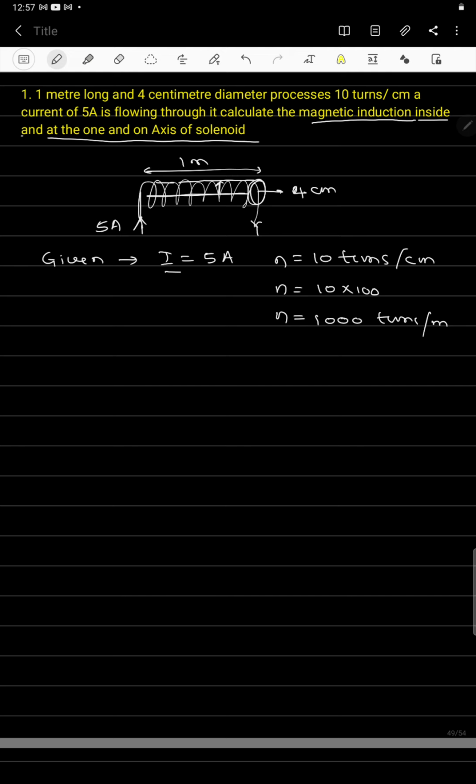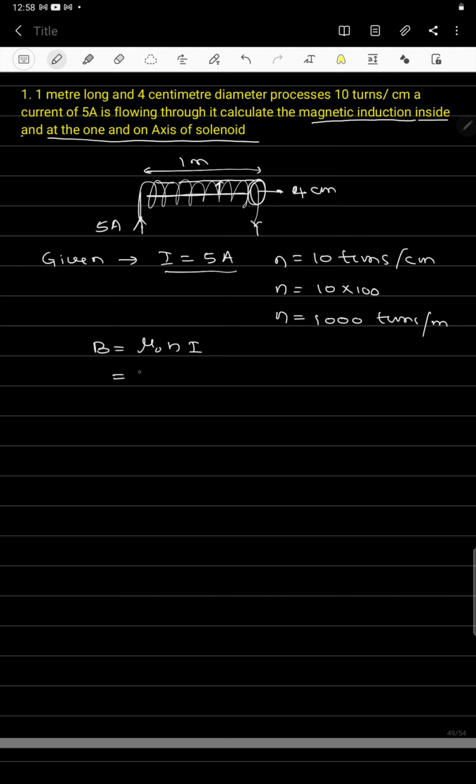The only things we need are the current and n. So the expression becomes B equals mu naught n into I.